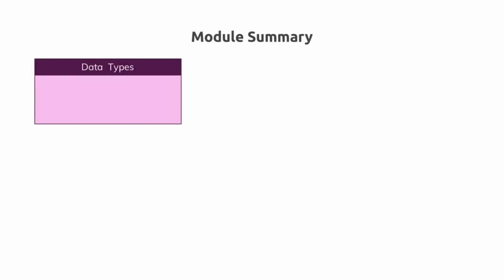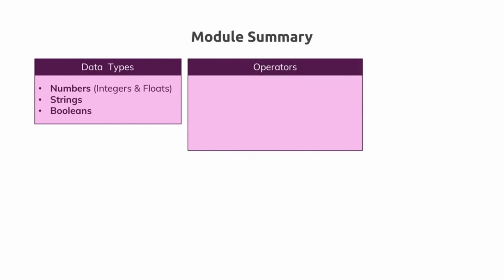From a feature perspective in this module, we learned about the core data types. Numbers, which comprises integers and floats, strings, as well as booleans. We also had a look at operators. We can do some base arithmetic with plus, minus, times, and by dividing values. But we also have the modulus operator, which allows us to get the remainder of a division.